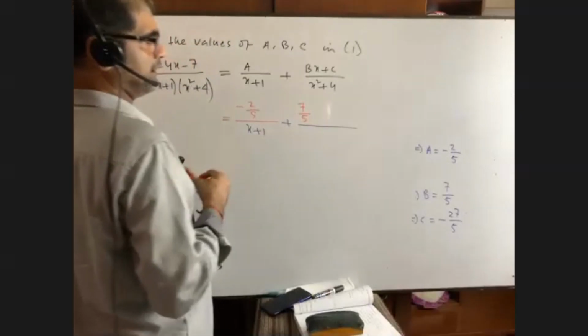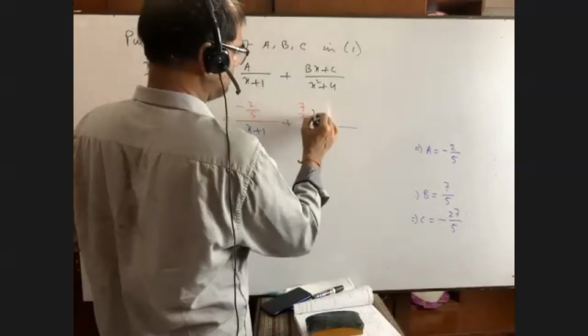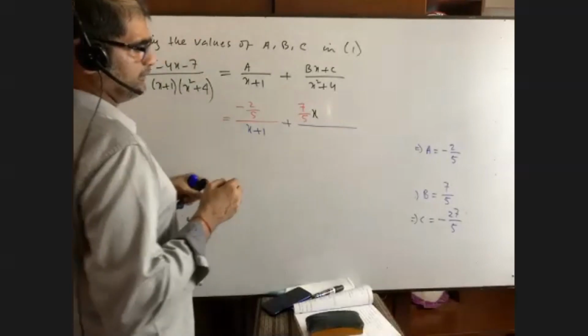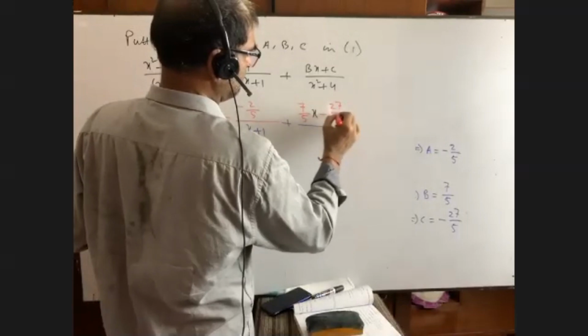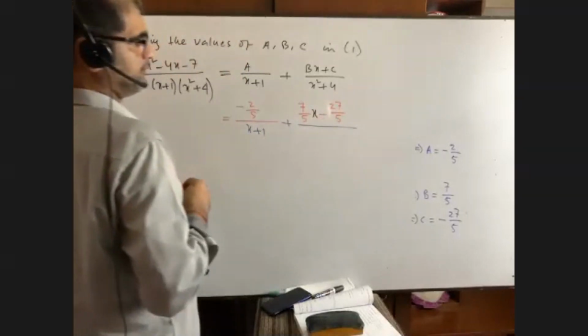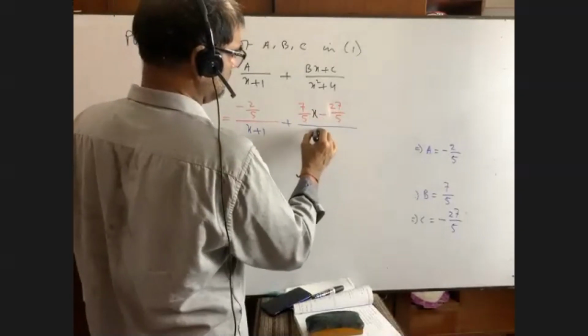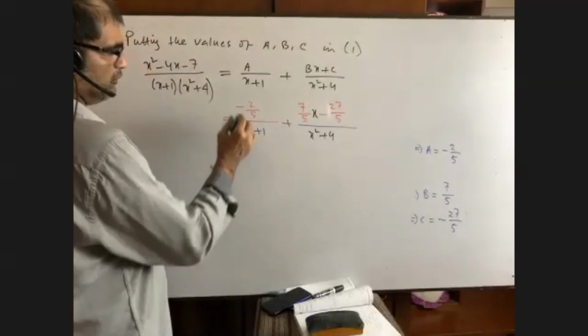It is the value of B, right? Then what is the value of C? -27/5. Then what is the denominator? x² + 4, right? It is our math.